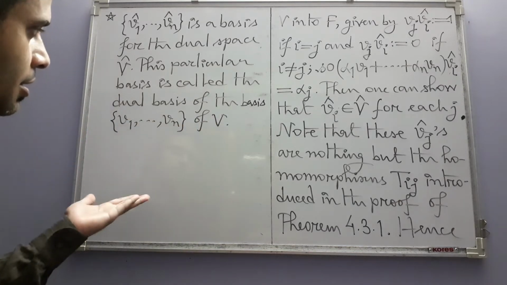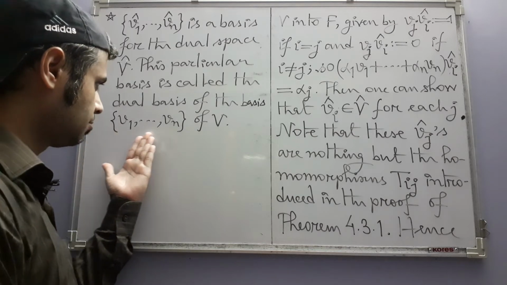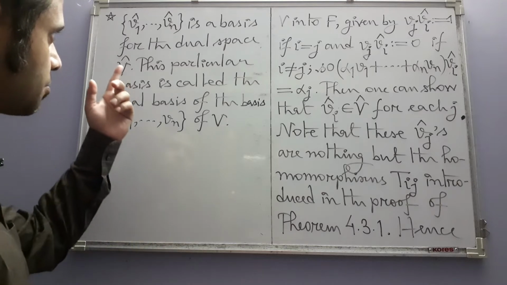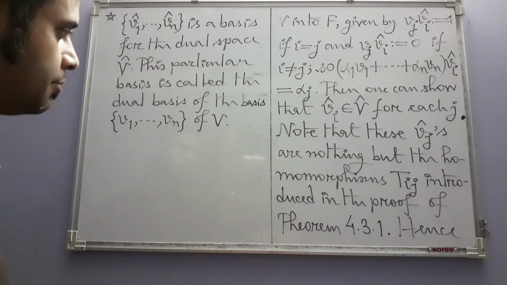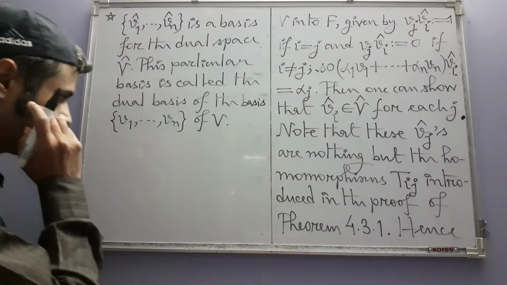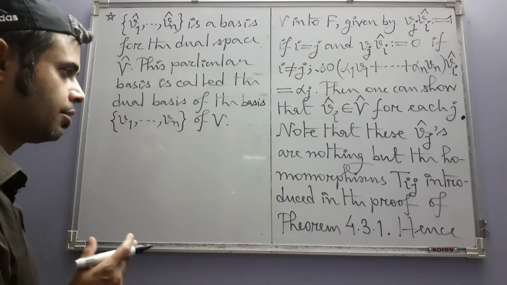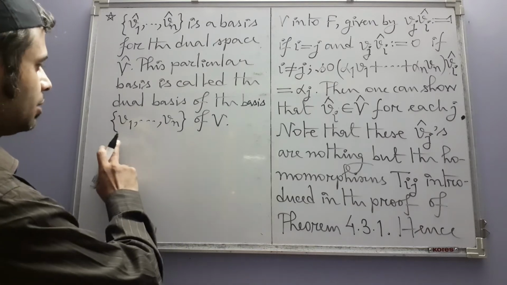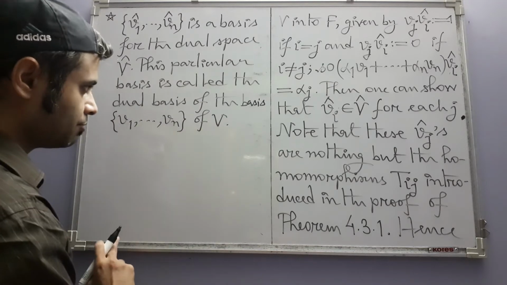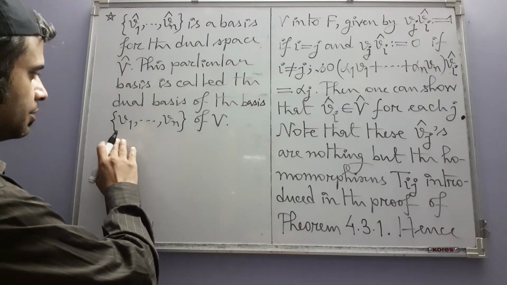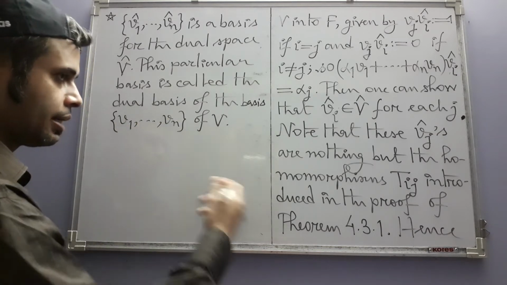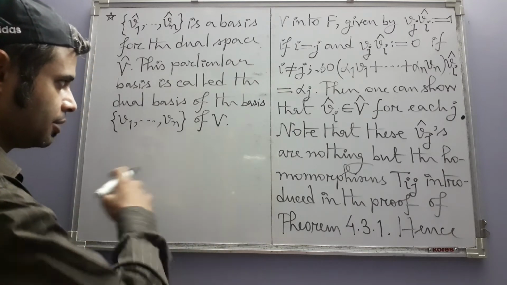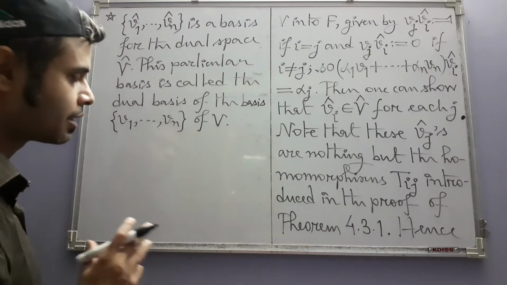So you can see that when the basis for V changes, if you take another basis, correspondingly the dual basis will also change, and that is in a sense a little problematic, because you have chosen one basis for V, you get a dual basis, but you choose another basis, you get another dual basis. So you have to keep track of what is happening, because things are changing.